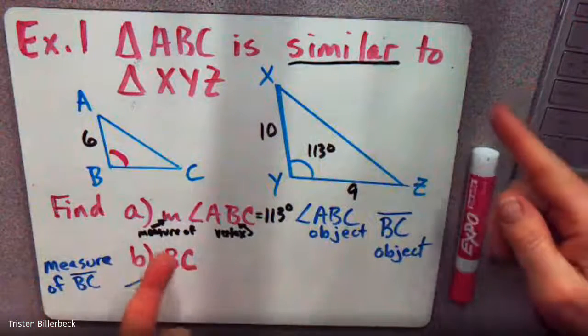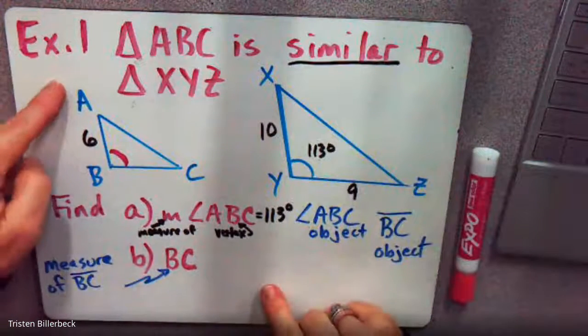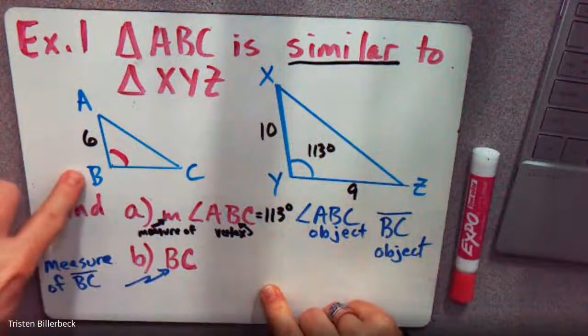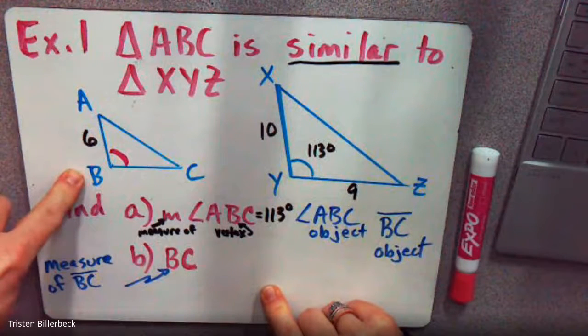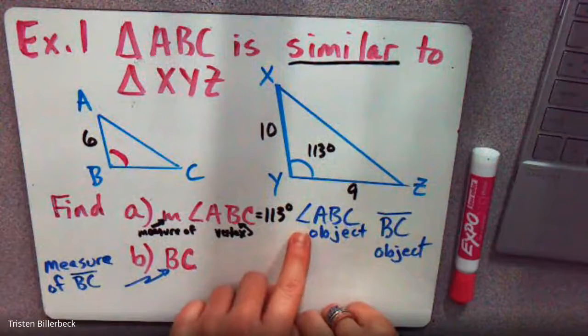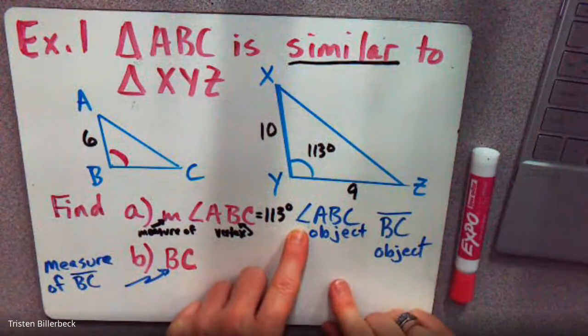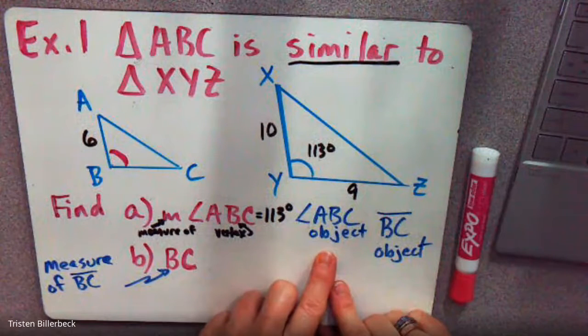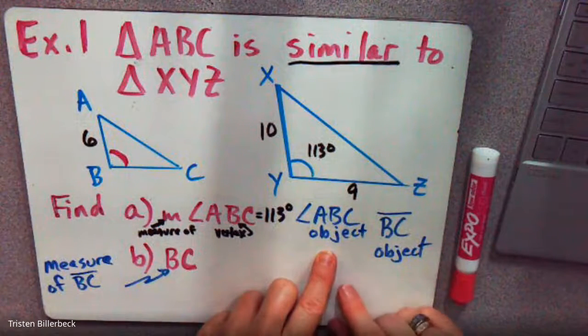Now, when we use 3 letters for an angle, angle ABC, the middle letter is the vertex right here. So that means angle B. All right, so when we use just the angle denotation with this, that's an object, like a desk. A desk is an object, okay?